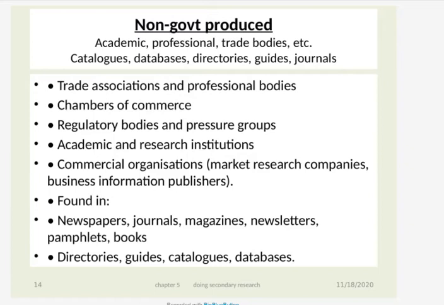These information and data are published by non government زي مثلا البلوجز زي الكونفرنس بيبرز زي الماجازينز, like newspapers, like books, like directories, catalogs, database. These are non-government information and data.